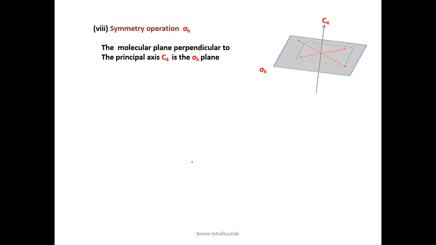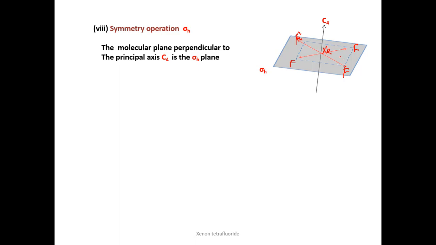Next we come to the sigma H plane, which is a symmetry element present like this in the molecular plane. In sigma H you find at the center of the square xenon, and at the 4 corners 4 fluorine atoms. So all the 5 atoms are present in the plane.